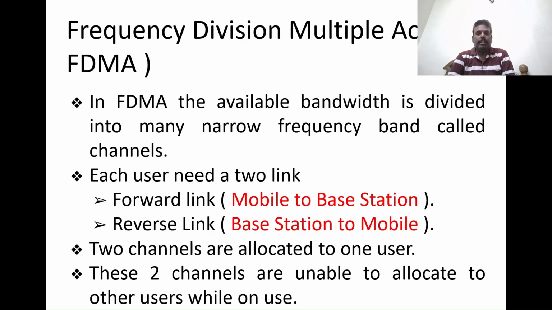So two channels are allocated to a particular user. These channels cannot be allocated to other users at the same time. If a channel is allocated to a particular user, the same channel will not be allocated to any other user at the same time.